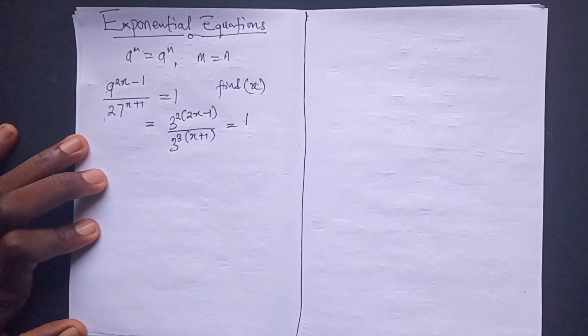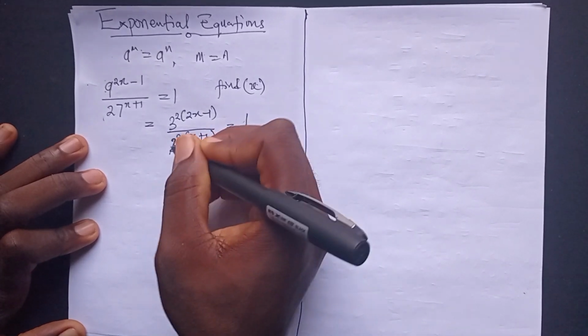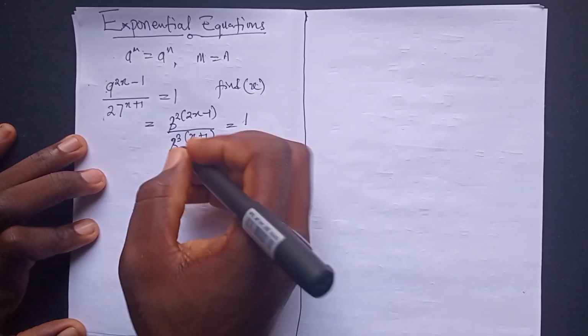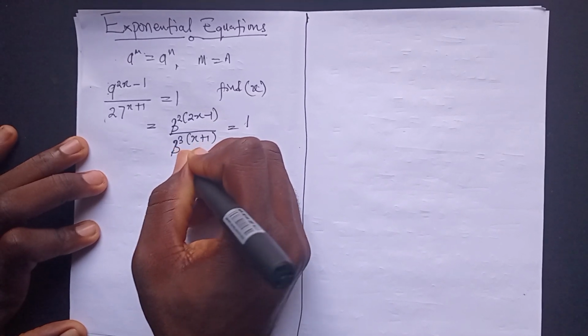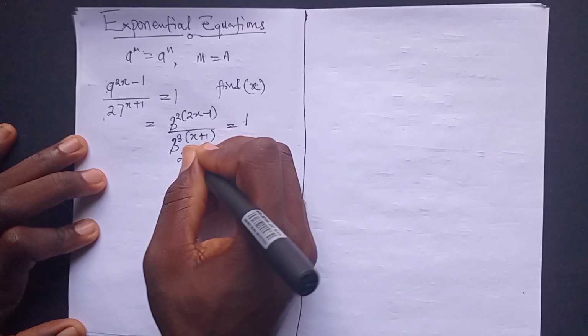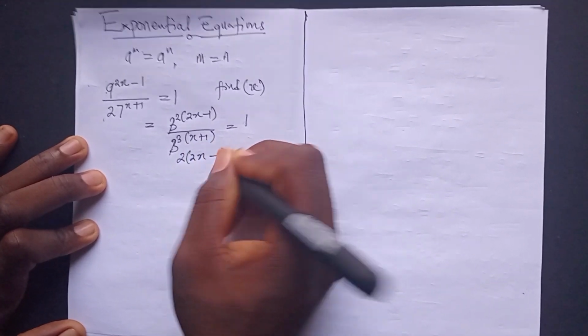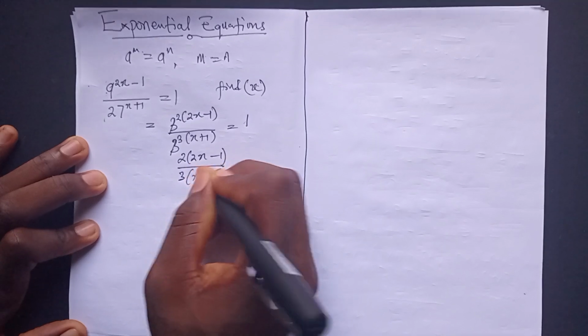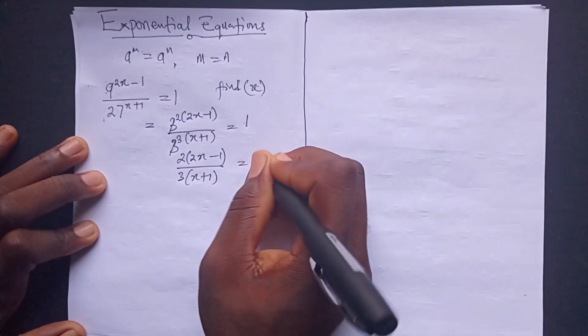Now, these 3 can cancel out these 3, and we are left with 2, in bracket, 2x minus 1 over 3, in bracket, x plus 1 equals to 1.